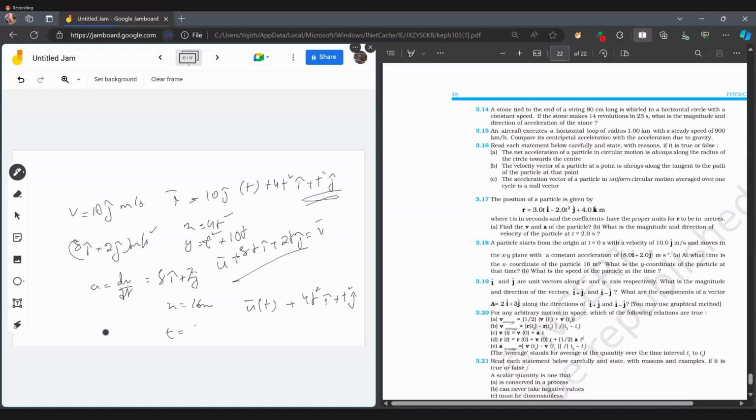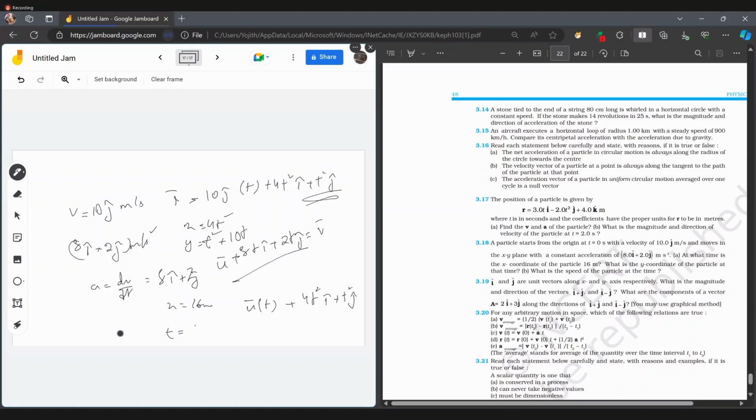Next, velocity of the particle at 2 seconds. We'll be having 8 into 2 i cap plus 2 into 2 j cap plus 10 j cap, which will give us 16 i cap plus 14 j cap.